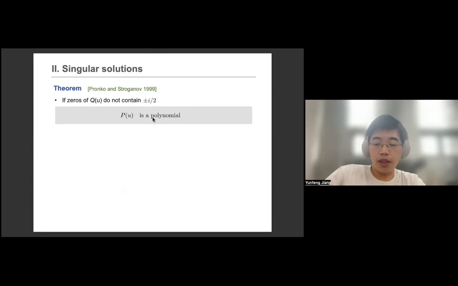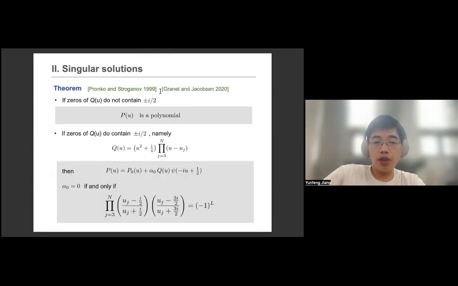Now, the second part takes into account the fact that sometimes Q(u) does contain ±i/2. In this case, we have the singular solutions, and Q(u) will take this form.